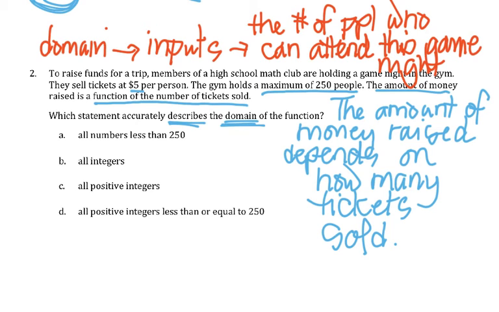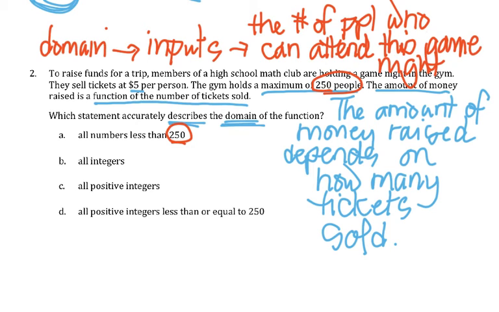So the number of people who can attend this game night is the input. All right, so think about it. All numbers less than 250. Wait a minute, where did 250 come from? Oh, 250 is the maximum amount of people that can attend this event, right? Because the gym only holds 250 people.